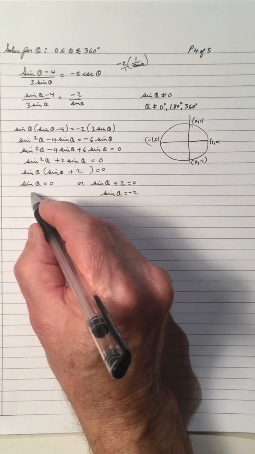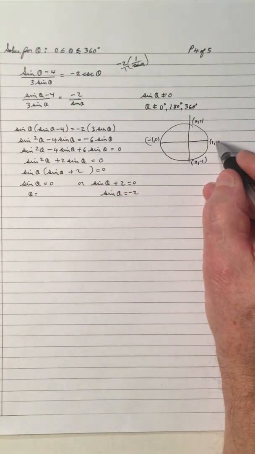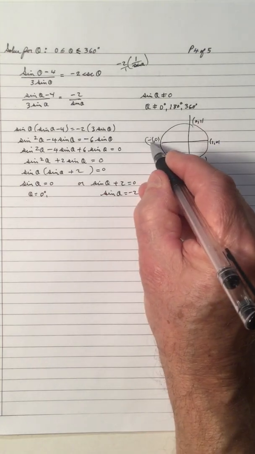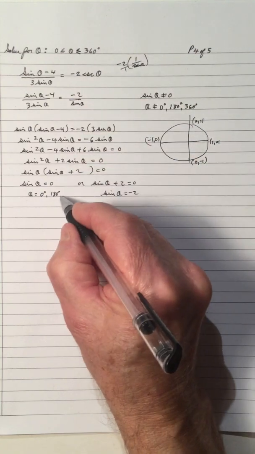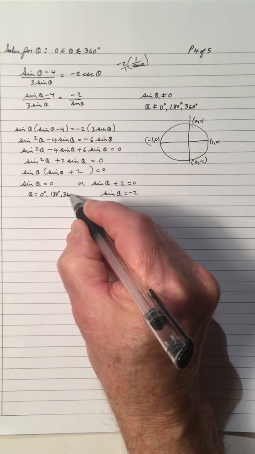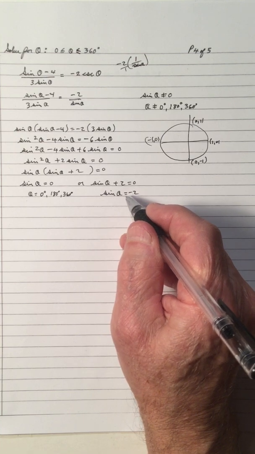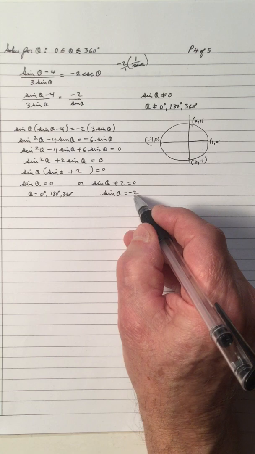Okay, let's deal with this one. Sine is the y, and the y is 0 at 0 and at 180, and we're allowed to use 360. And sine is -2.